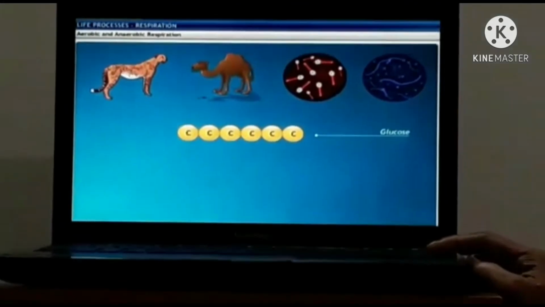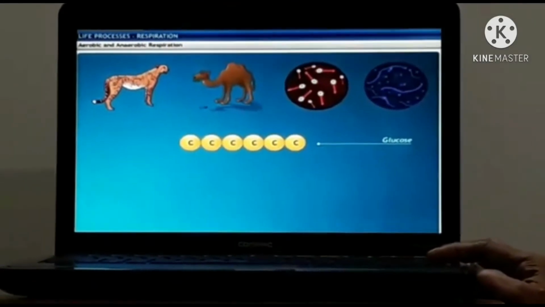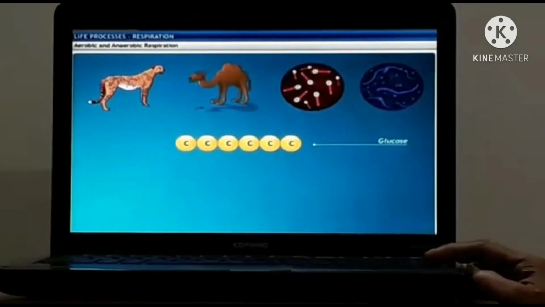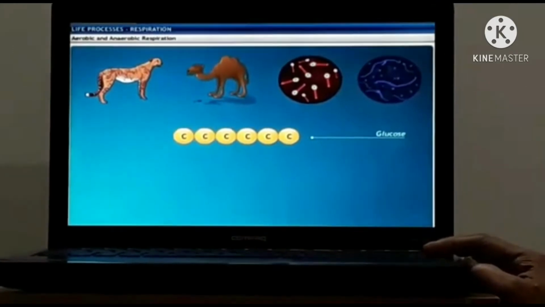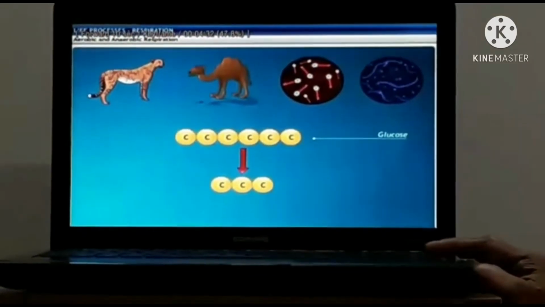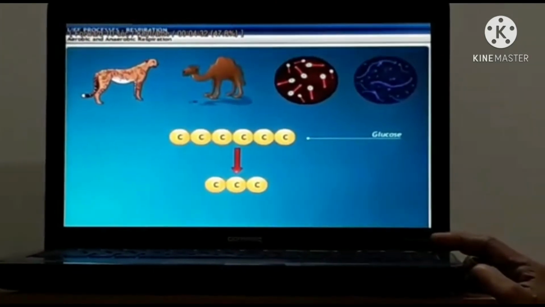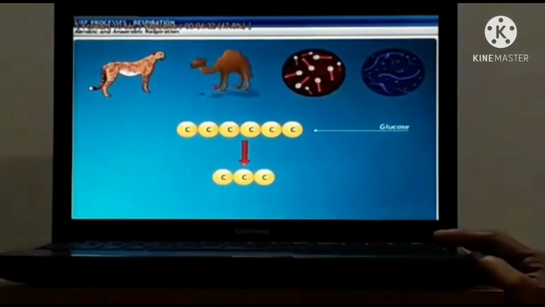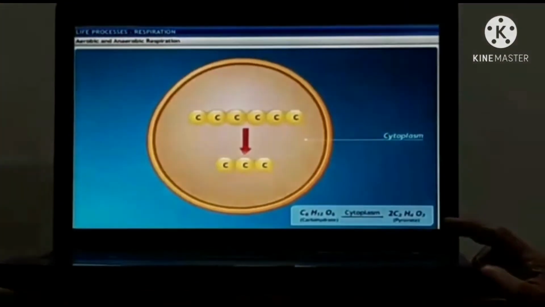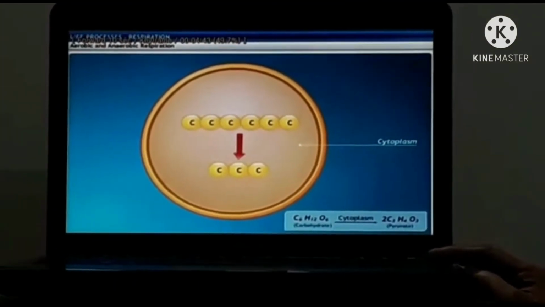For animals which respire aerobically or anaerobically, the first step during respiration is that glucose is broken down into a 3 carbon molecule called pyruvate. A 6 carbon molecule breaks down into 3 carbon pyruvate, and this happens in the cytoplasm, and the process is called glycolysis.